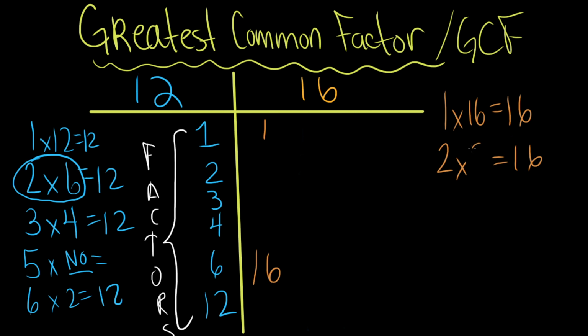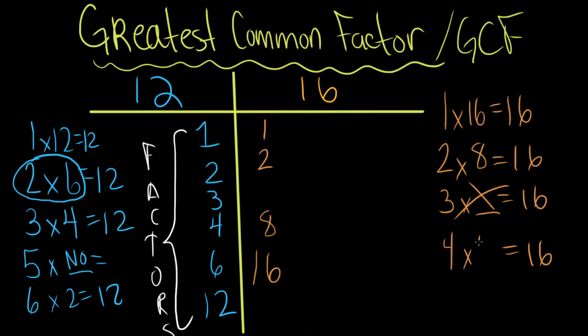Yes, it does. 2 times 8 is 16. So we know 2 and 8 are factors. Does 3 multiply by something to get 16? No, it does not. Does 4 multiply by something to get 16? Yes, it does, which is 4. So we also know that 4 is a factor of 16.